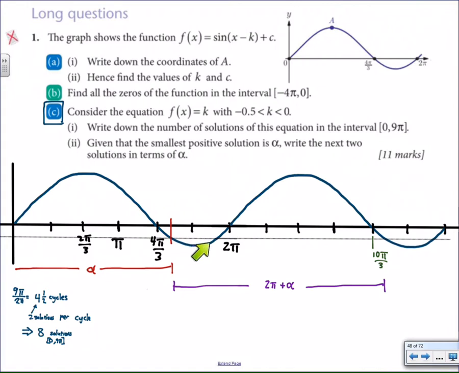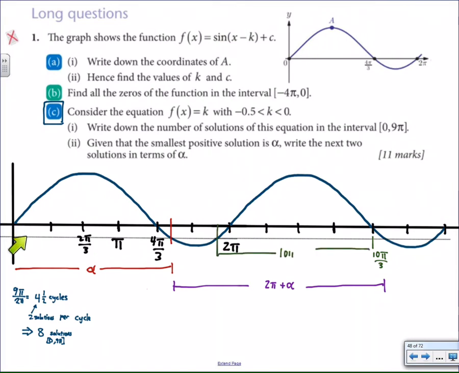To come up with this guy right here, though, this is the solution in the middle. This one's a little bit trickier to come by because I don't know how far apart they are on the inside. But here is something that I do know: if I was to go all the way over here to 10 pi over 3, and then I was to go back alpha, that would put me here based on the symmetry.